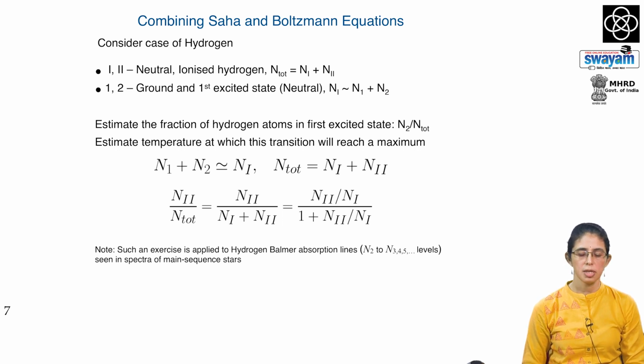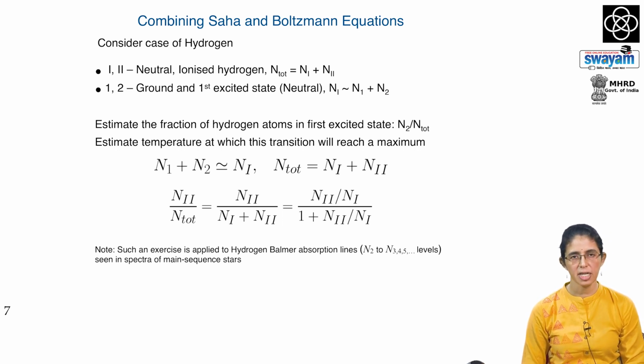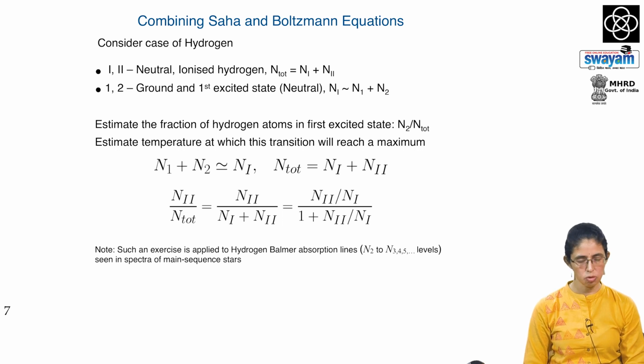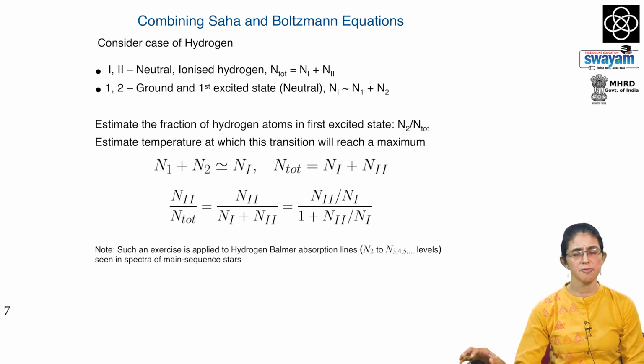And we assume that the total number of hydrogen atoms is equal to the number of atoms which are in the neutral stage, N first, and the ions, that is the second stage. In the neutral atoms, we assume that all the atoms are either in the first or the second excited state. This is an assumption for simplicity. That is, N first is equal to N1 plus N2.